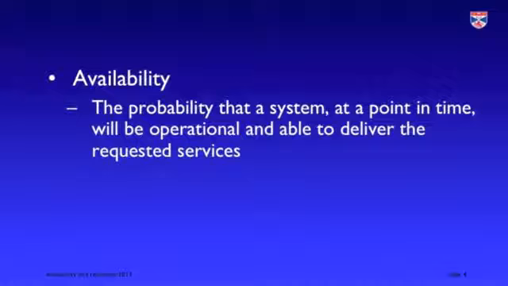The formal definition of availability is a probability that the system at a point in time will be operational and able to deliver the requested services. Now, what's very important about these definitions is that they are expressed as probabilities.